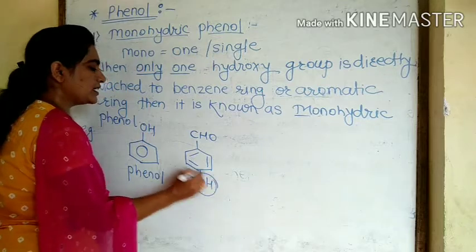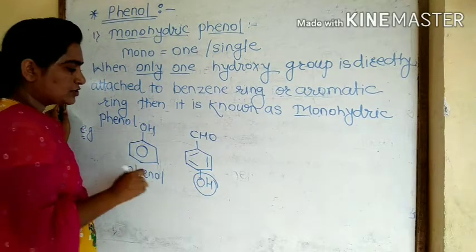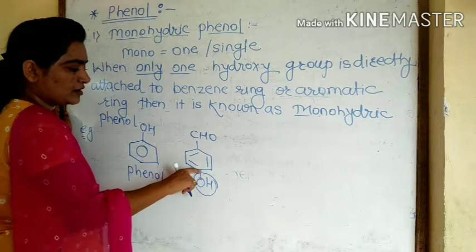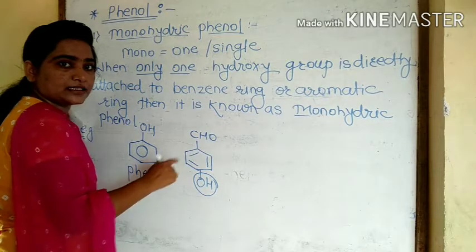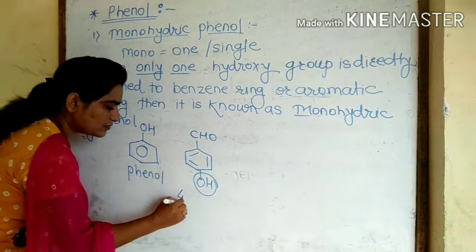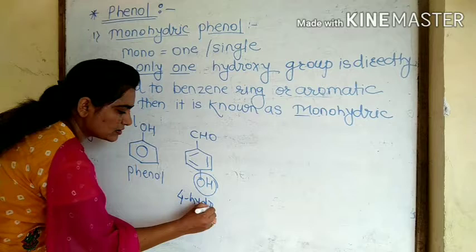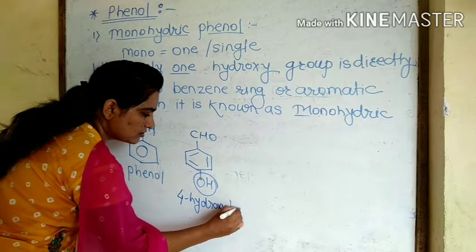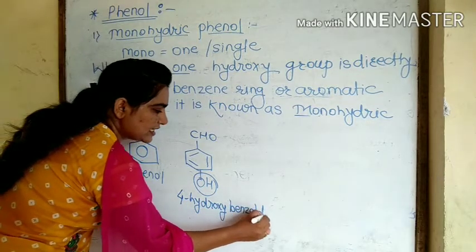So again only one hydroxy group is present there. So it is called 4-hydroxybenzaldehyde, because this compound is benzaldehyde. So its name is 4-hydroxybenzaldehyde.